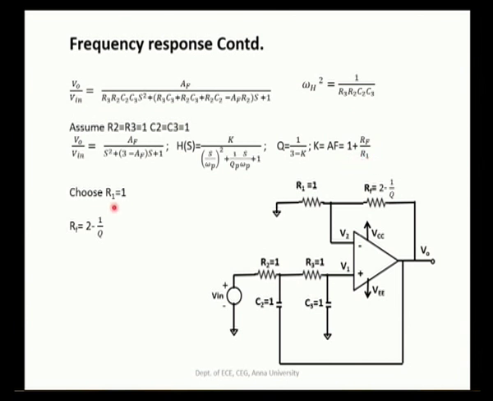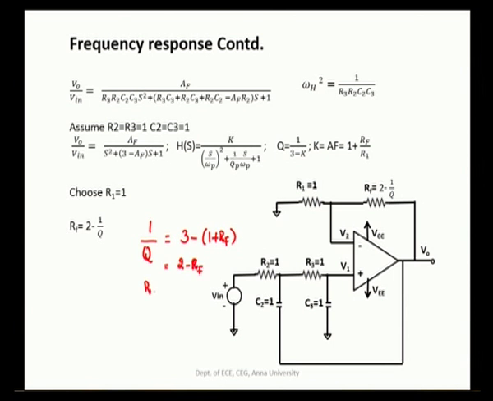Now we will make another choice here: we will take R1 as 1. So AF here is 1 plus RF. With AF as 1 plus RF, if we substitute Q with 1 by (3 minus K), K being 1 plus RF, what we have is 1 by Q equals 3 minus (1 plus RF), so this is 2 minus RF.